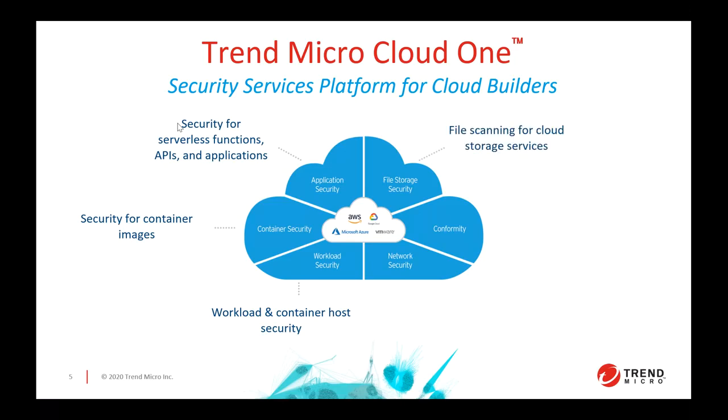And File Storage Security, what it will do is file scanning for cloud storage services. For example, the customer may have an Amazon S3 instance, or an Azure Blob instance, or a Google storage instance, running on public cloud environments.